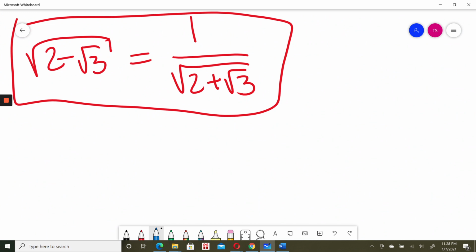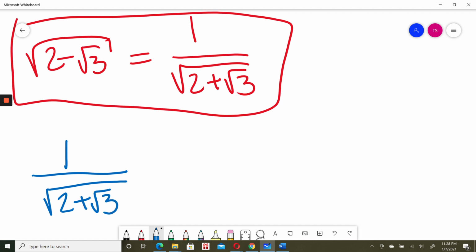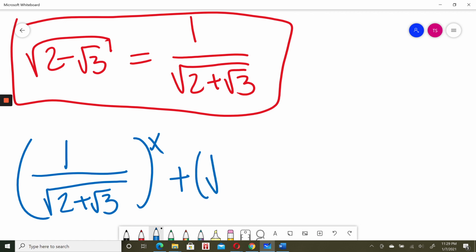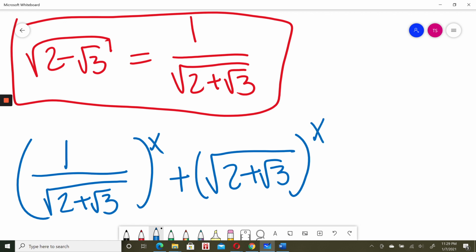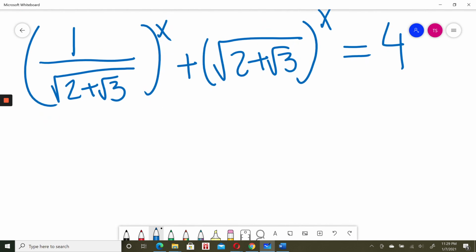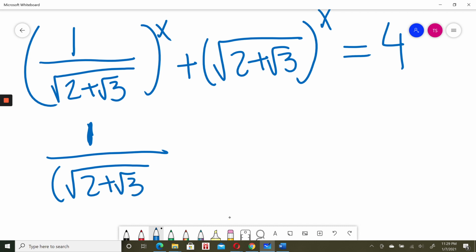So now my equation will look like 1 over square root of 2 plus square root of 3 to the power of x, plus square root of 2 plus square root of 3 to the power of x. This is equal to 4. First, in the numerator, 1 to the power of x is of course still 1, but the denominator will be just this to the power of x.